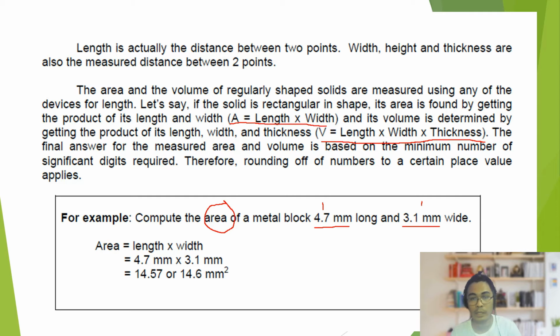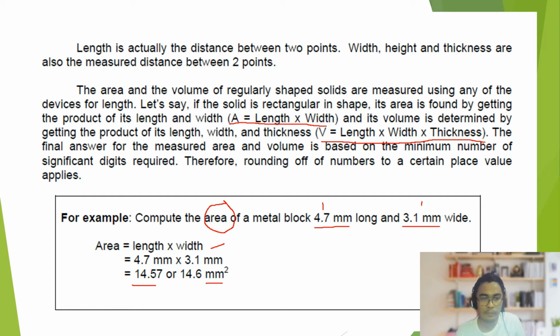Since two-dimensional naman ang area, so you just simply multiply or get the product of the two. That in the case of 4.7 millimeter times 3.1 millimeter. Okay? So if you will multiply, okay, kung i-multiply natin yung dalawang figures na yan, that 4.7 and 3.1, the answer is 14.57. Okay, and the unit now is square millimeter.